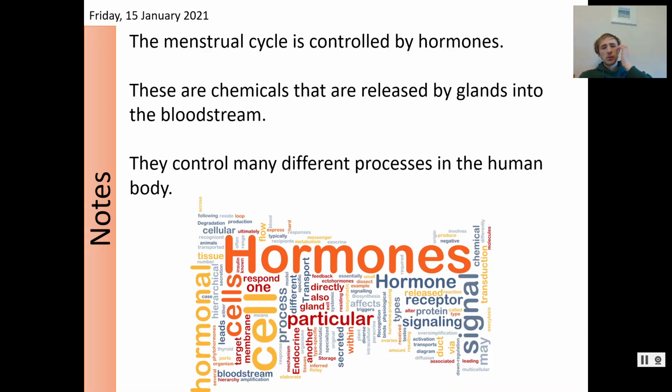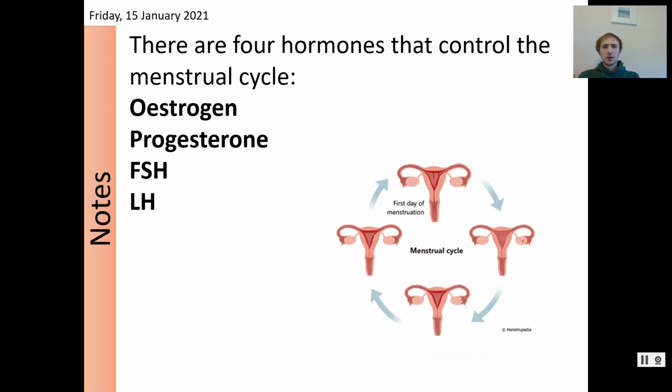Now, we know what hormones are, it's a real simplification slide. The 4 hormones which we need to know about in the cycle are estrogen, progesterone, FSH, which stands for follicle stimulating hormone, and LH, which stands for luteinizing hormone. You can call them FSH, LH, that's really fine.